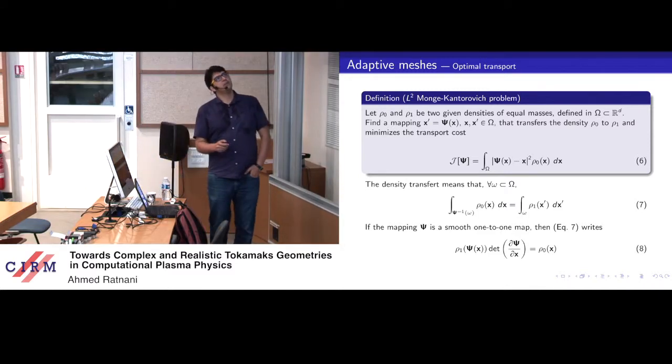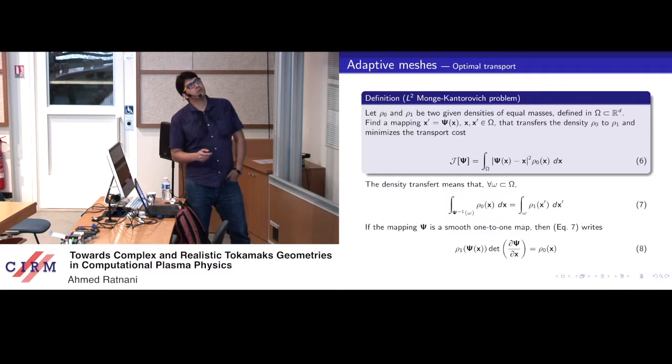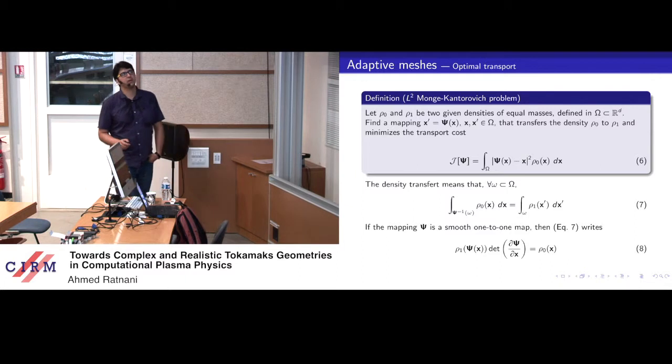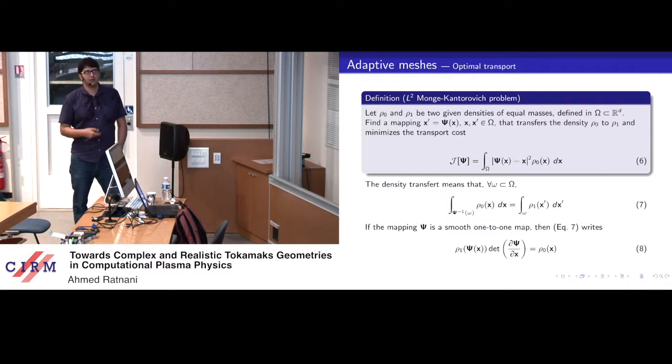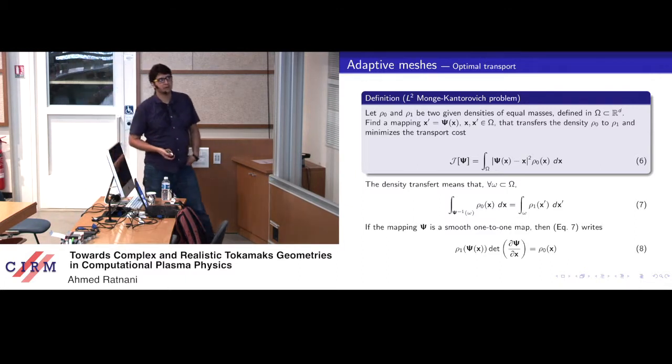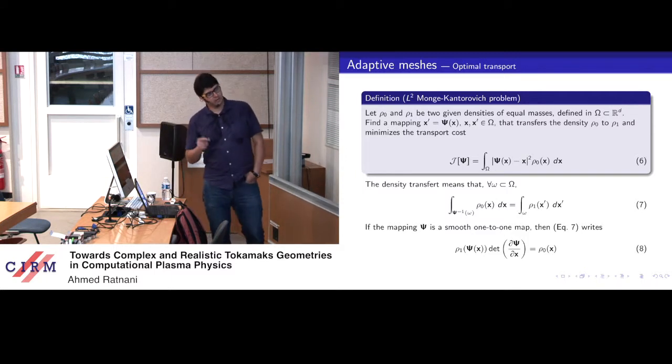And then the problem that you need to solve is an optimal transport problem, and you need to minimize this functional here. So the unknown here is the mapping psi, and in my setting, my real unknowns are the control points.